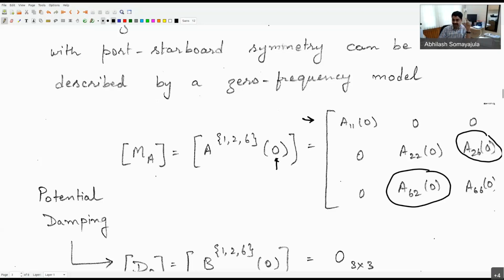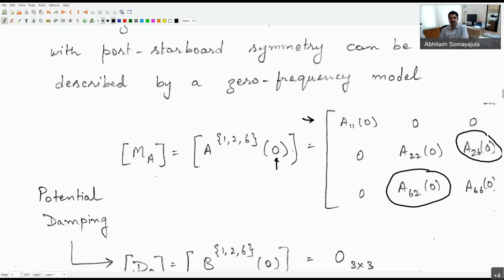Notice that in a real case scenario where we are actually looking at sea-keeping motions, this was frequency dependent, right? And we wanted to capture it depending on which wave frequency is coming at us. We want to look at what is the added mass that we need to consider. But when we are talking about maneuvering, we are really looking at low frequency, slow motions.